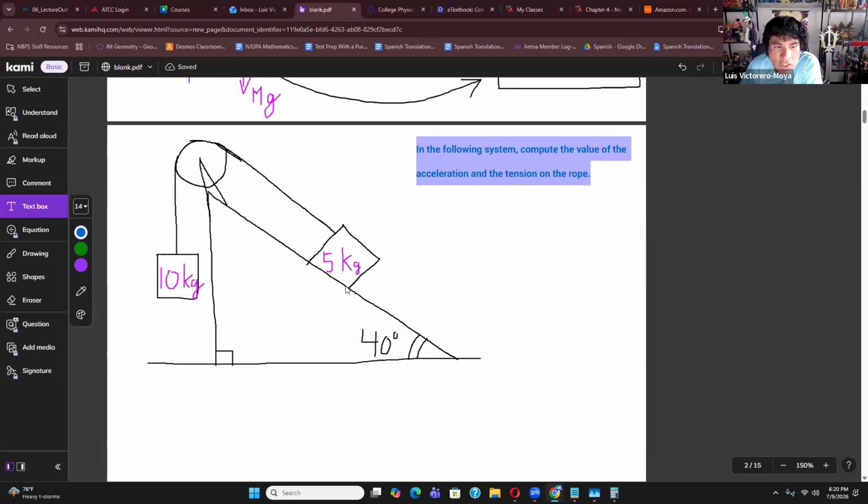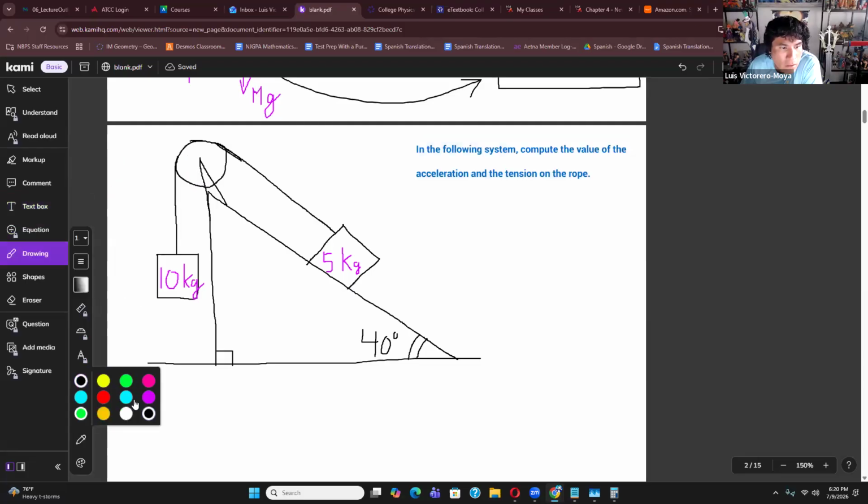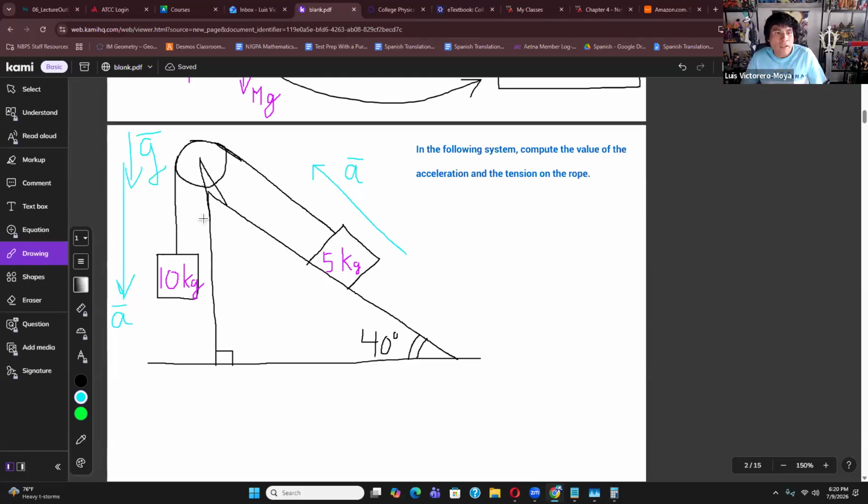So if there's no friction, logically, this 10 kilogram mass is going to go down, because there's more mass here than here, and this mass is going to go up with an acceleration that you want to find. Gravity is still a factor, never forget. And the pulley is ideal.